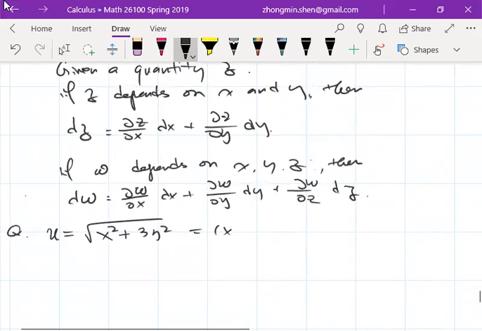This can also be written like this, okay? So you know u depends on x and y. If you don't know that, then just ask what is du, right? du is some differential. du is a new variable associated with u in some way in calculus.